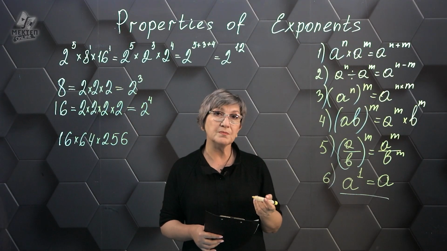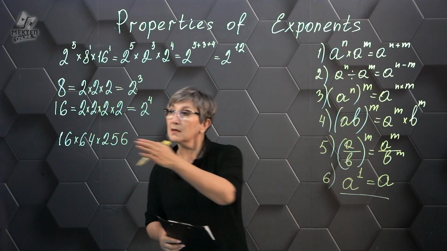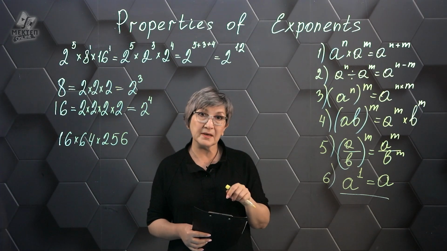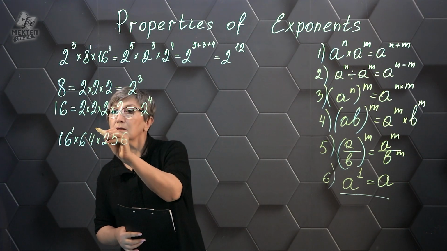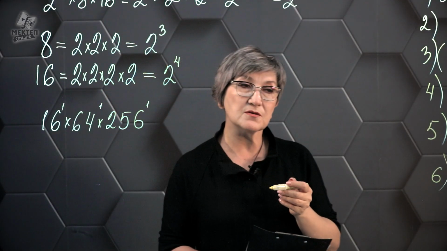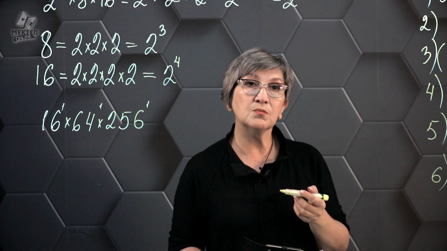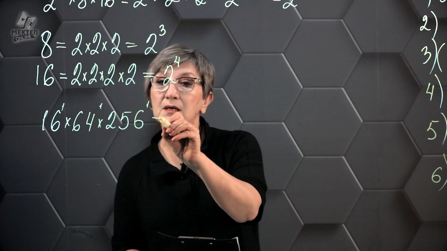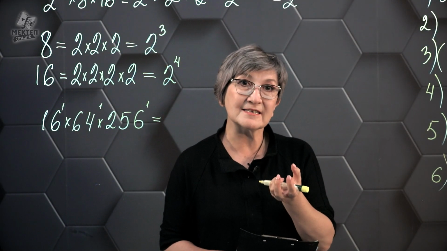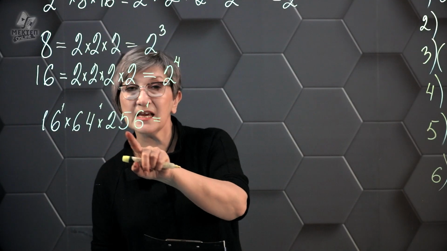As you can see, we can't apply the properties of degree either, because all the numbers are written without exponent: 16 to the first, 64 to the first, 256 to the first. So we're going to try and find the number that will be the base of all the multipliers.